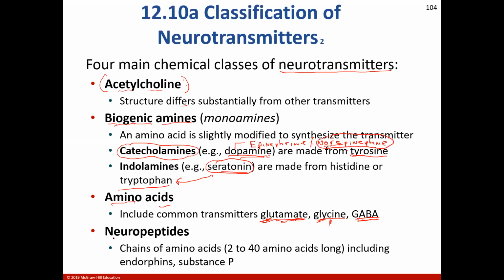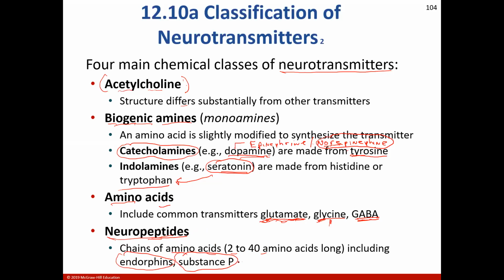Then we have these other neurotransmitters, which I'm not sure if they're really 100% neurotransmitters, but they do bind to receptors on neurons. And these are called neuropeptides. And peptides has to do with proteins as well. That's why chains of amino acids are employed here. So you can hear something called endorphin and substance P. So get this, right?